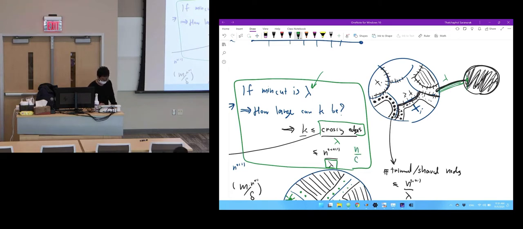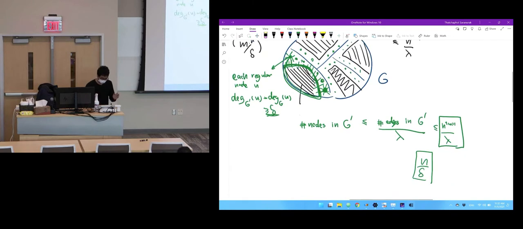But I thought this bound is true. Anyway, maybe one of you can try to check offline if this bound is true. I don't know, maybe I misremember it. But anyway, what do we have here?